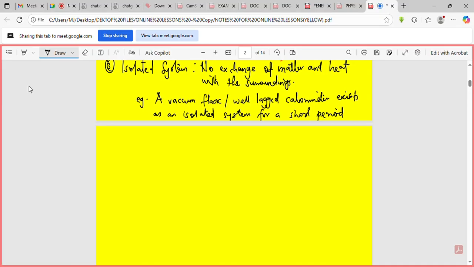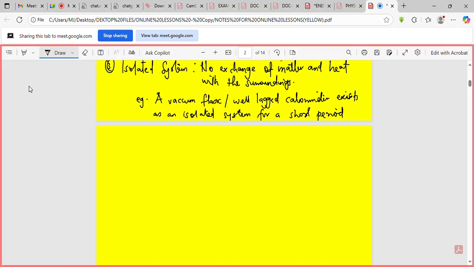Why do we lag a calorimeter? To prevent heat loss or to reduce heat loss, because you cannot absolutely prevent heat loss. Definitely some amount of heat will be lost to the surroundings, but not that much. So why then do we say a well-lagged calorimeter, or a vacuum flask, is an isolated system?